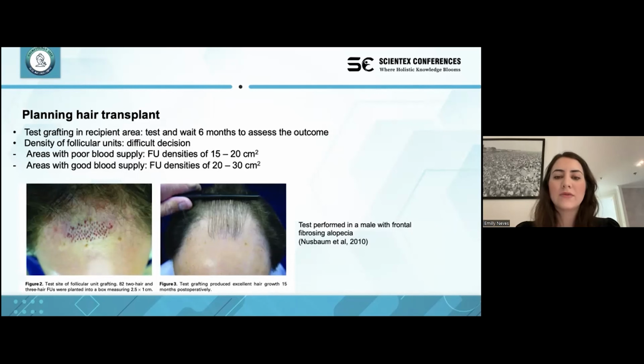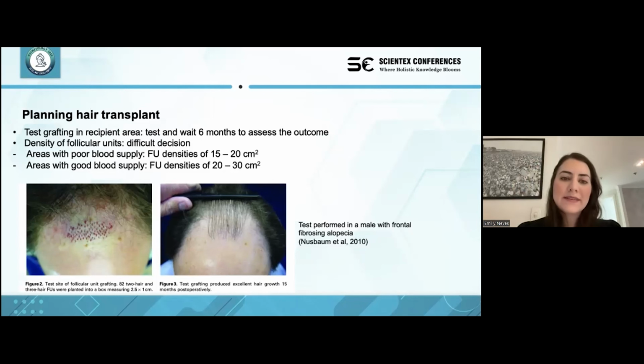So if we try this test grafting before the whole surgery, we can suppose what we can expect after the surgery. Here is an image showing a test site of follicular unit grafting, with an amazing outcome and a better response of the patient.